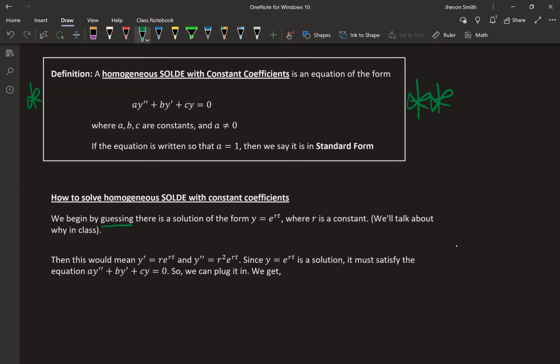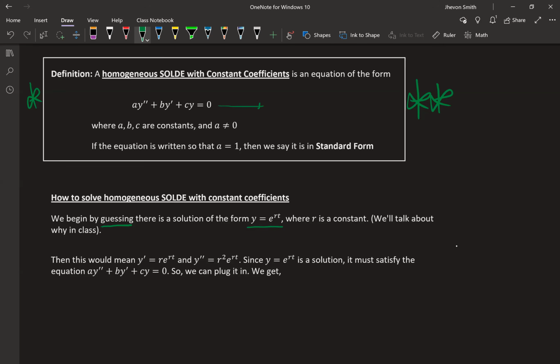We're going to begin by guessing that there's a solution of a certain form. Specifically, we're going to guess that there is a solution to this equation of the form e to the rt, where r is a constant. Now, this might seem like a completely random guess, but it is not completely random. Essentially, look at what needs to happen for this equation to work out.